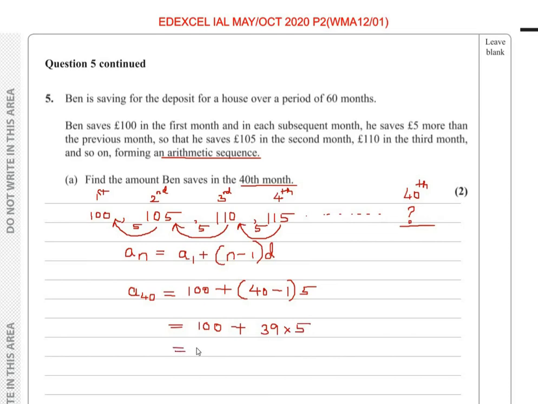That is going to be 100 plus 195. When we add these two, we get 295 pounds. This is what he has saved at the 40th month.